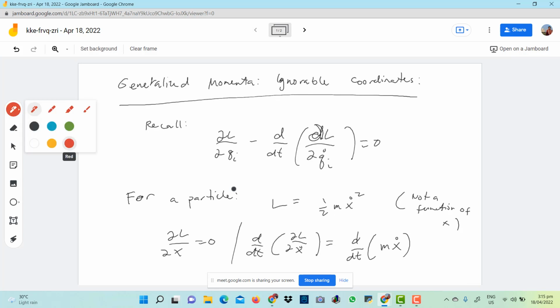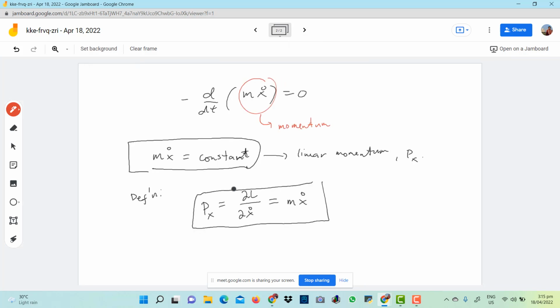Which is just our momentum, and I call that one p sub x, okay? So if I define p sub x as the partial L with respect to x dot, then by definition, this is actually the linear momentum of the system.